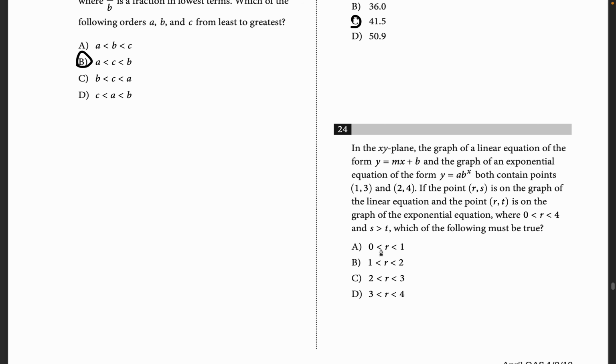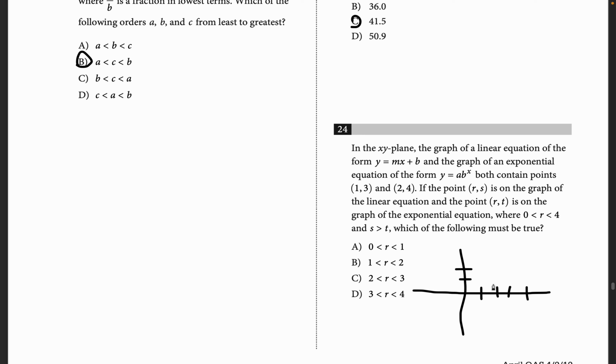In the xy-plane, the graph of those contain the point. Any type of linear and exponential, you always want to draw it out. Let's make this better. Let's draw 1, 2, 3, 4.